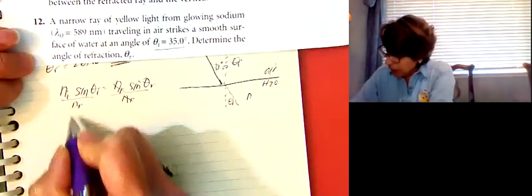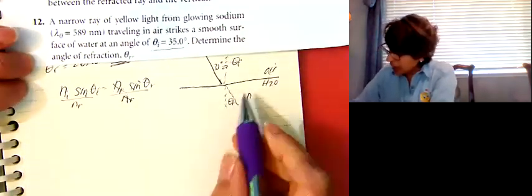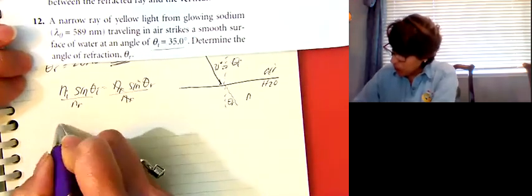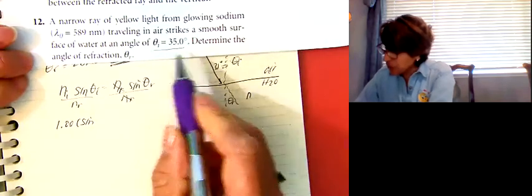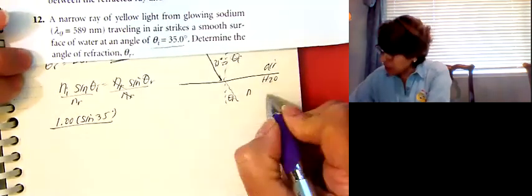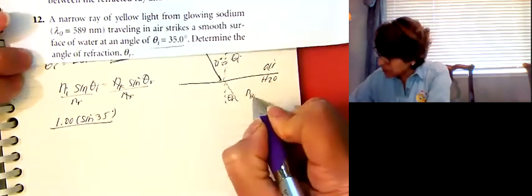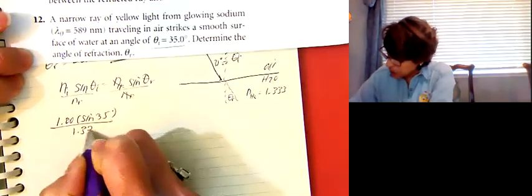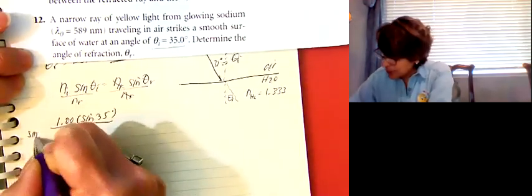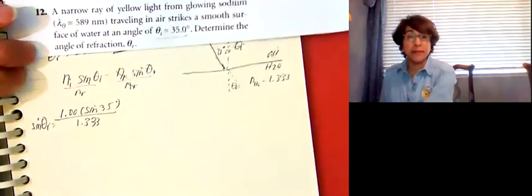So now I have sine of theta r equals n_i, which is 1.00 in the air, times the sine of, what's my angle here? 35 degrees. And the other side is water, which I didn't write down here. The water here is 1.333. So 1.333. And that's going to be the sine of the refracted angle.